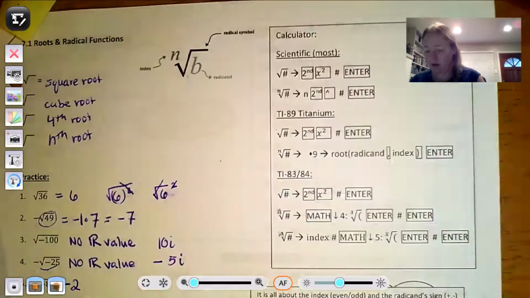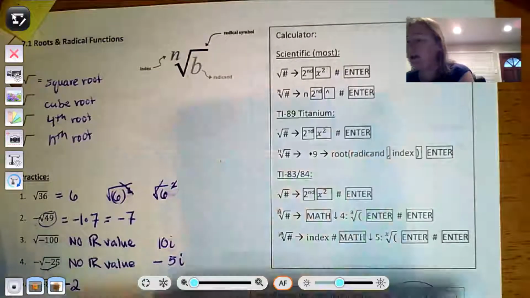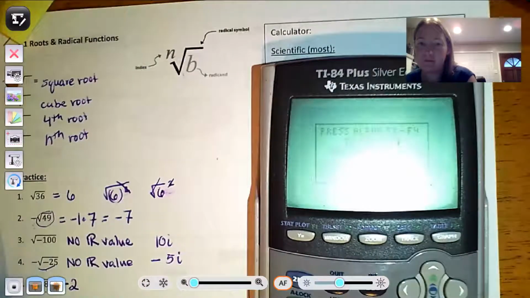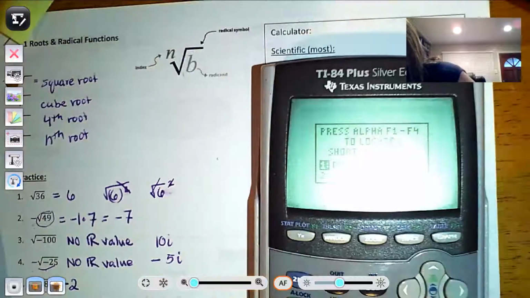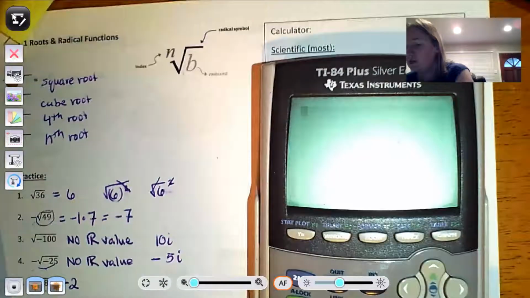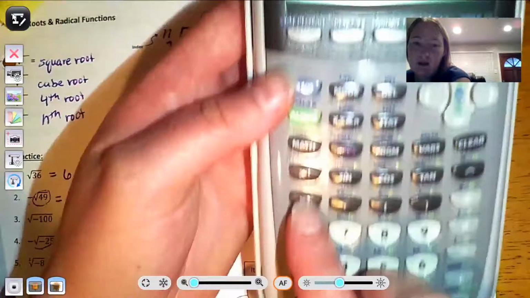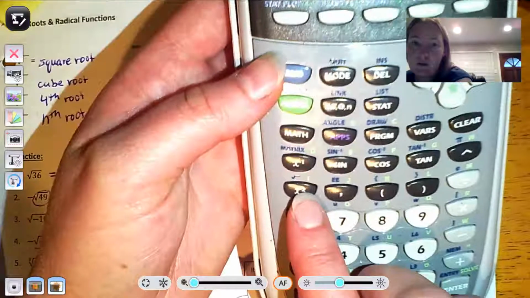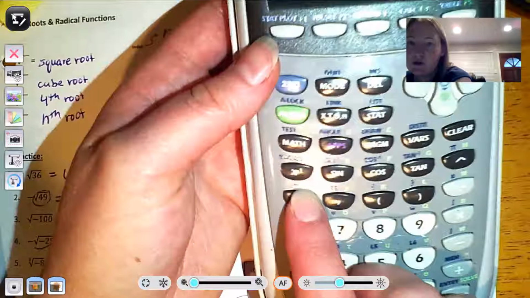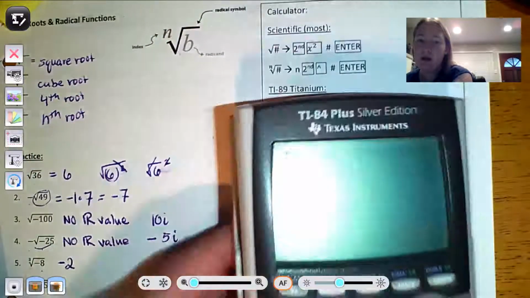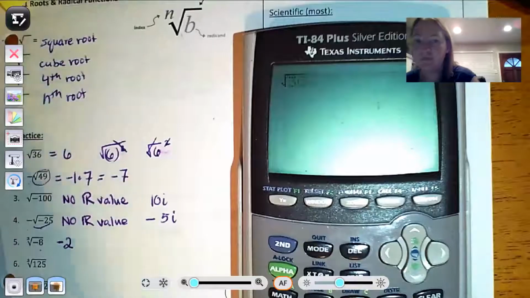All right, brief instructions on a TI-84. So the TI-84 has the square root by the square button, just like the scientific would. You'd hit second and the square button to get the square root, and then you type in your number.